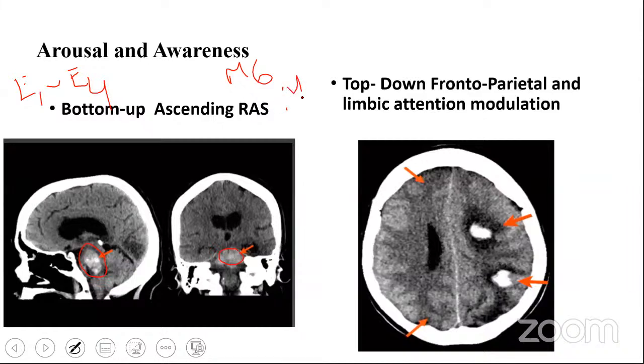And if he is not localizing, but some movements are there in the body, then it is M4. And on extreme painful stimulus, if he is flexing the arms and extending the legs, we call it decortication. If on extreme painful stimulation he extends both the arms and legs, then we call it decerebration. And if there is no movement, that is M1.